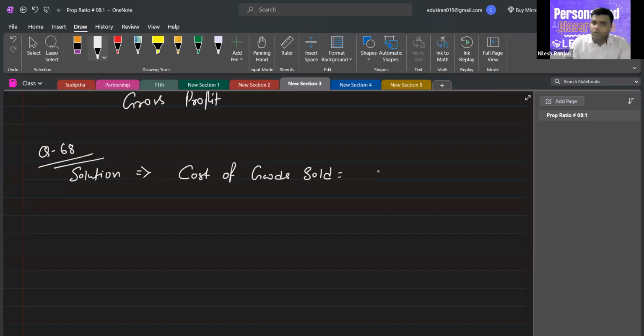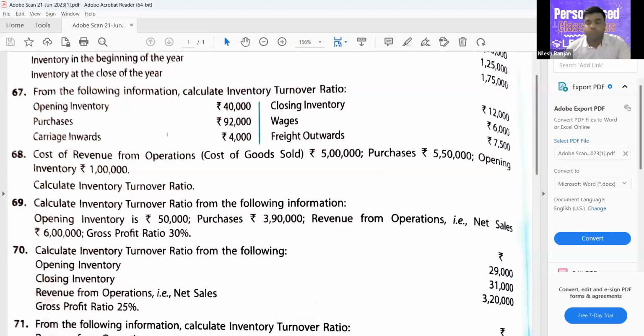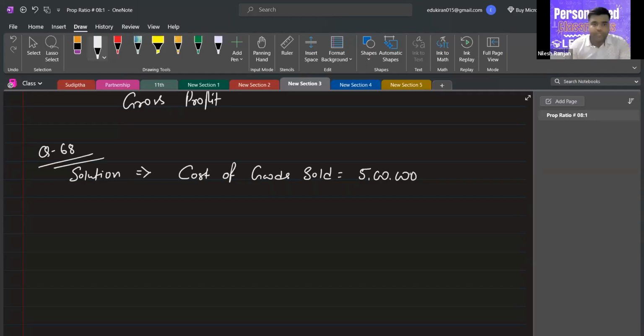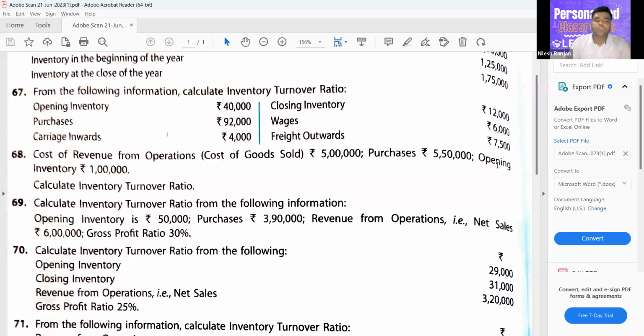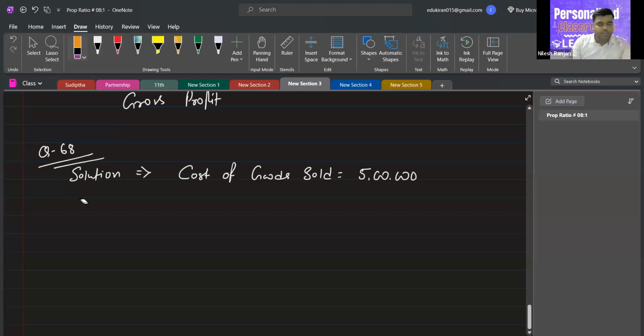Now, for calculation of inventory turnover ratio, we need average inventory. For average inventory, we need opening stock and closing stock. Opening stock is given in the question, so we have to find out the closing stock. Now, the closing stock is used in the formula of cost of goods sold.